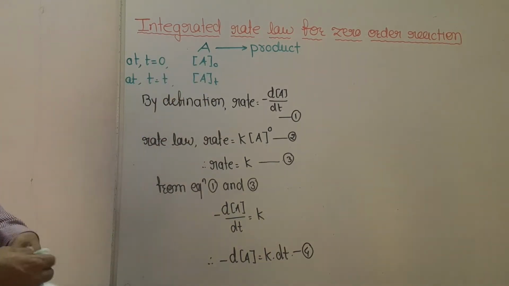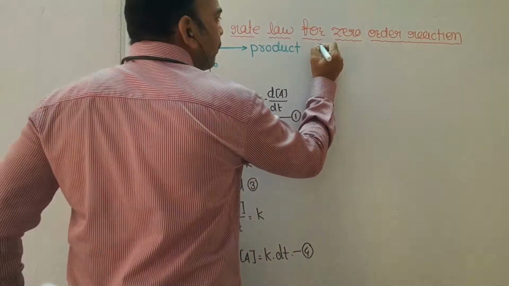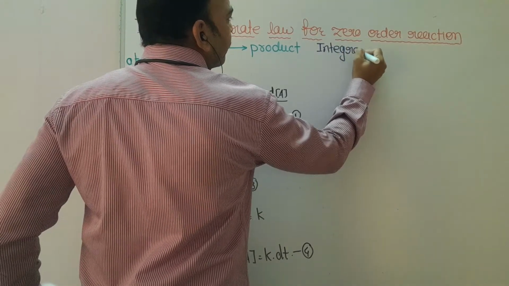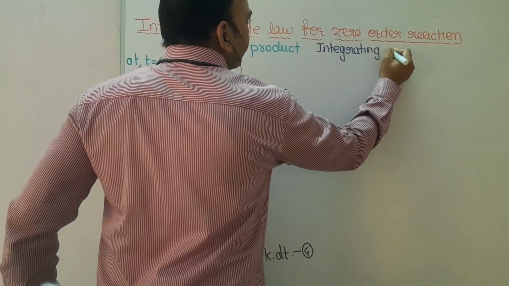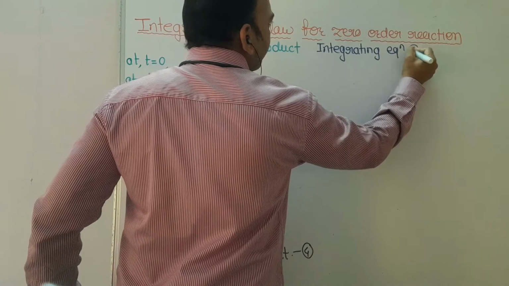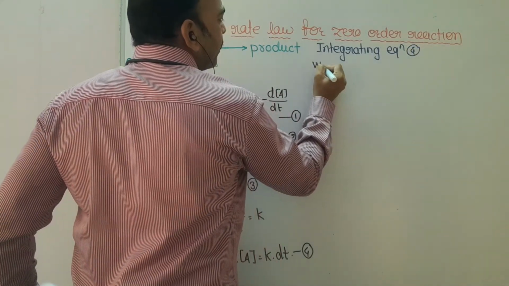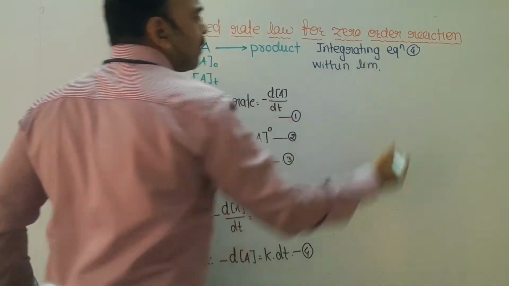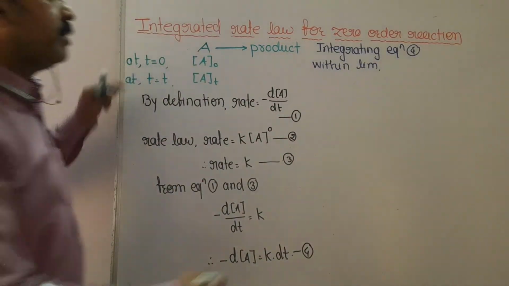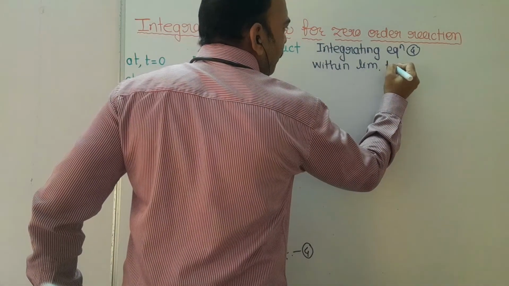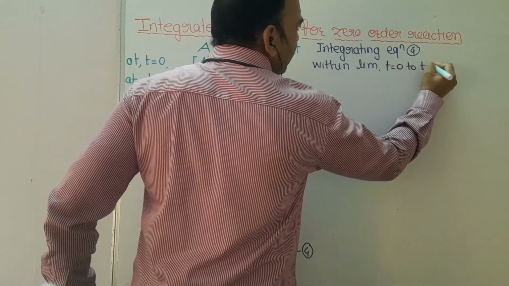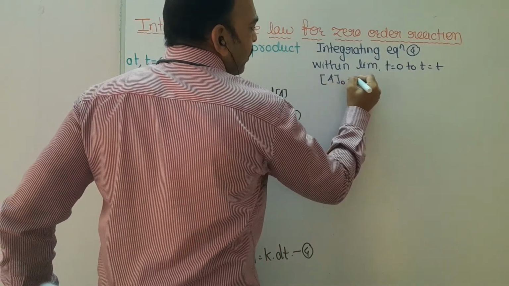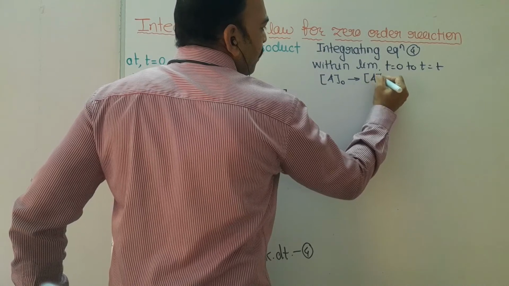So integrating equation 4 within the limits t equals 0 to t equals t, and for concentration A0 to At.